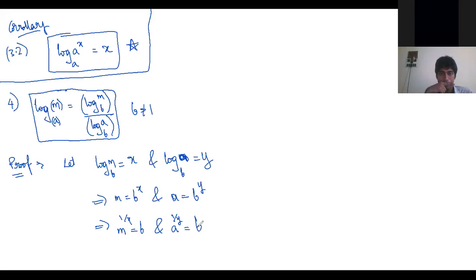So you want division, right? From here I am substituting. This implies a power 1 by y is equal to m power 1 by x. Or in other words, m is equal to a power x by y. This is clear.